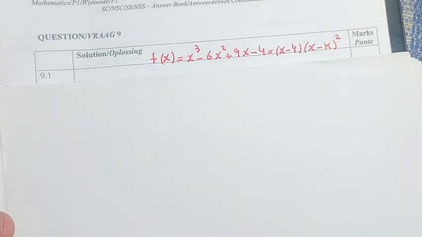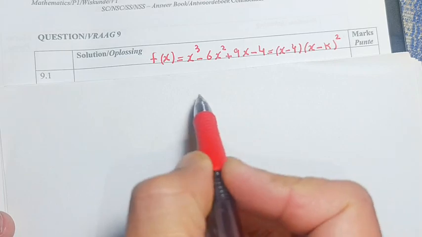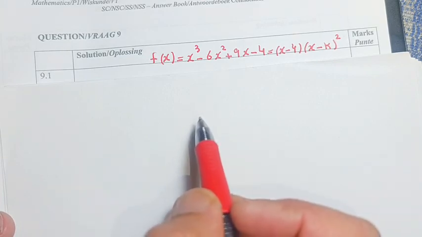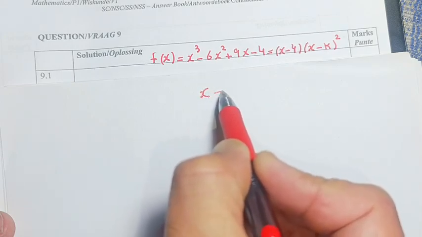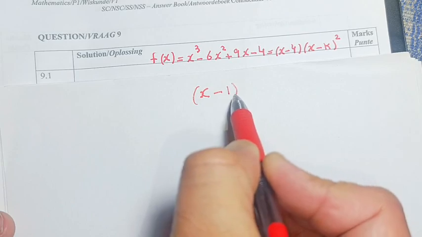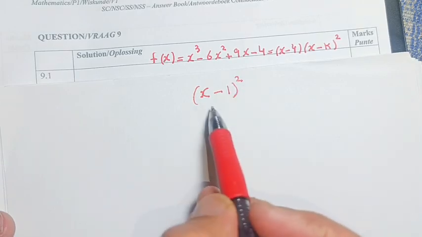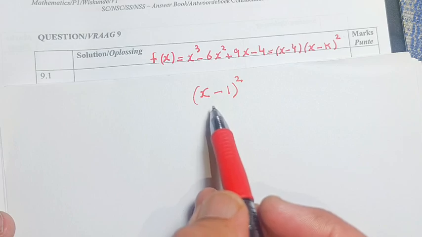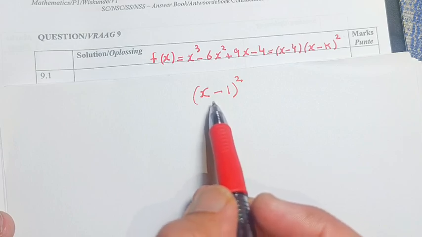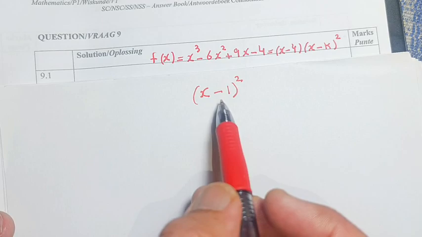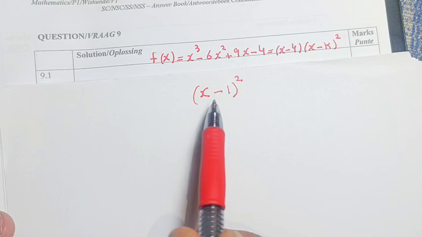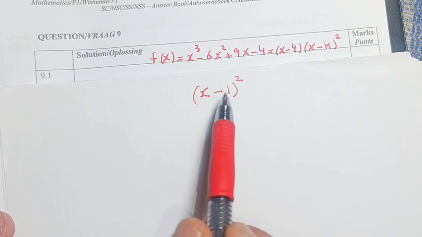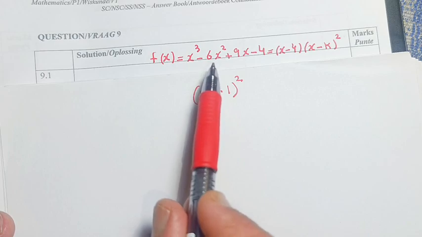So now if we need to show that k is equal to 1, then (x − 1) squared means the turning point is at the same time an x-intercept as well, so we count it as twice. So we need to prove that this is a factor of this cubic equation.